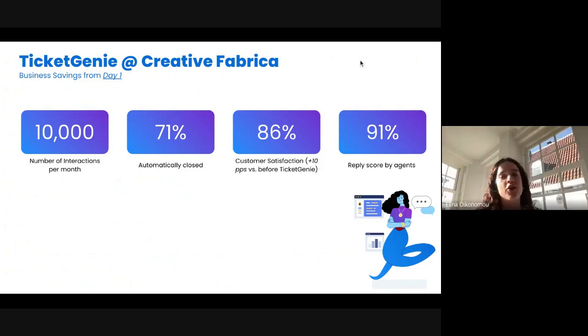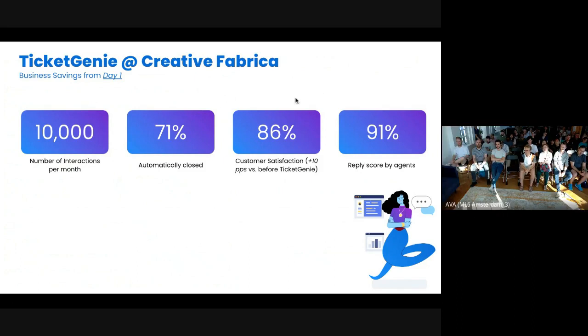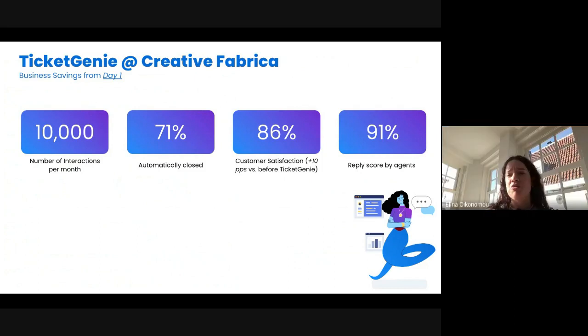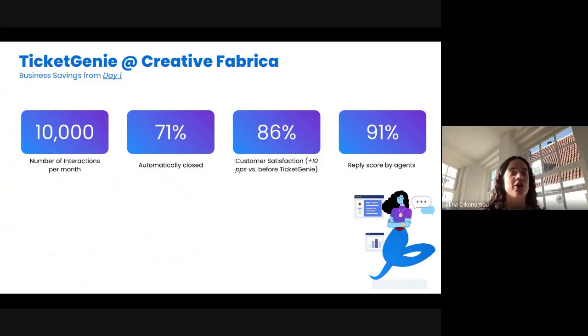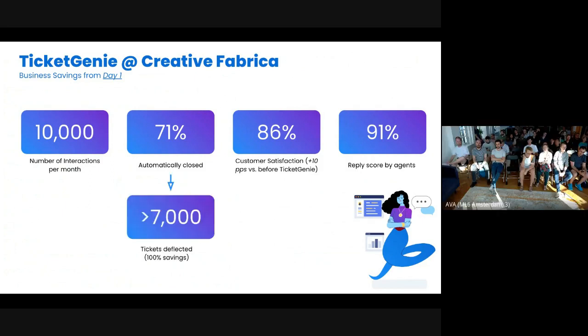The feedback from the customers with a thumbs up or down on the bot replies is 86%. And the feedback from the agents that evaluate whether the replies are correct, complete, etc., is 91%, which is actually comparable to the evaluation of our own human agents, because we also do training for our in-house agents.